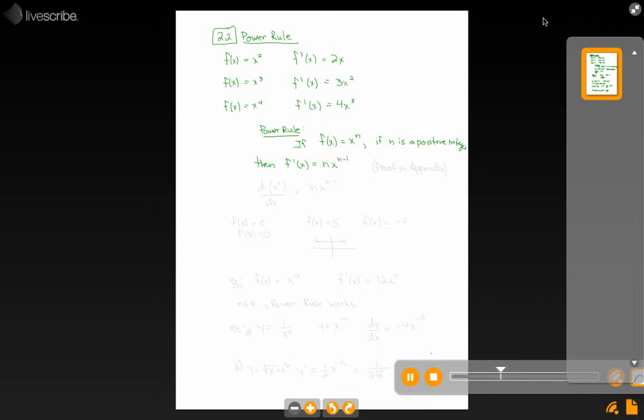As you see, it works for all the ones up above. In Leibniz notation, d/dx of xⁿ is equal to n times xⁿ⁻¹.